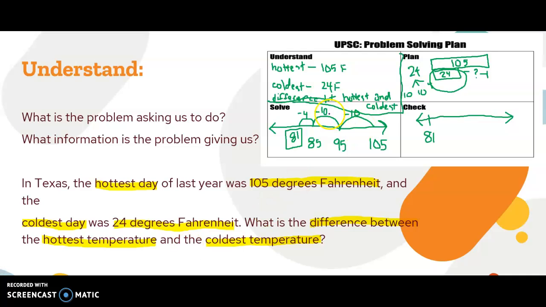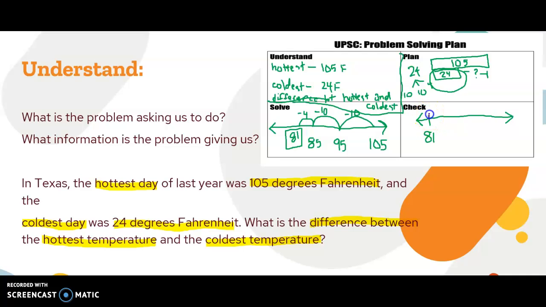At first, I went back to the left because I was trying to find the difference. And when I move back to the left, you see that my number decreased from 105, counting back 24 to 81. So I'm starting at 81 and I should end at 105, but I'm counting up 24.